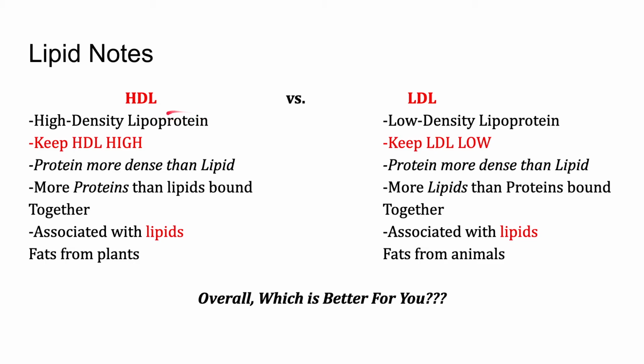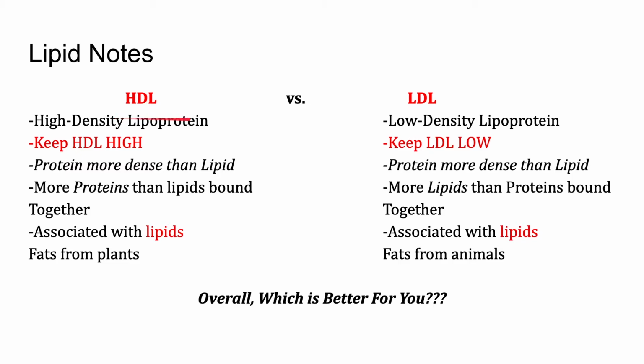And so if you have more protein than you do fat in that molecule, you're going to have a high density or a higher density molecule. And it's often said that you want to keep your HDLs high because what's interesting is that when you have this molecule that's more dense, because protein is more dense than lipid, and you have more proteins than lipids bound together in that big molecule, it tends to not stick around in your blood vessels.